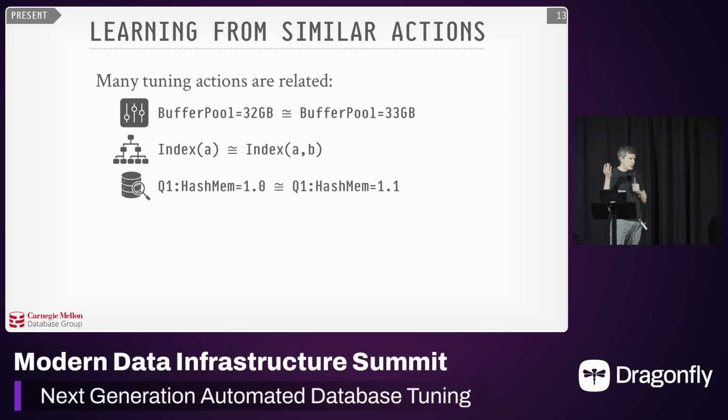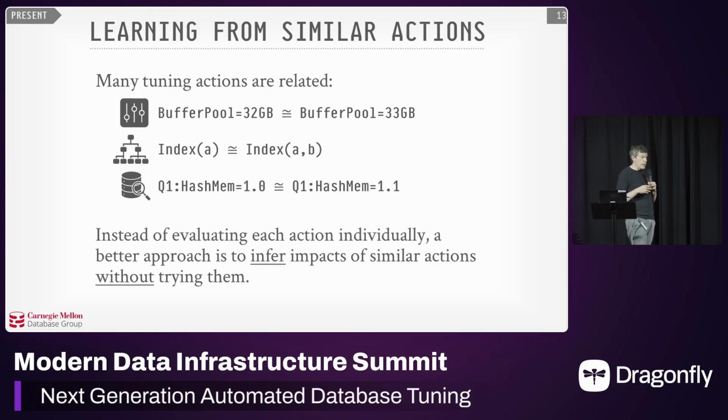Similar to the knobs for the system, the knobs you could set for queries roughly behave the same way. Like setting the amount of hash memory I'm going to use for a join from 1.1 megabytes to 1.1 megabytes is not going to make a difference. So instead, what you really want is to be able to infer that you're going to get some benefit or degradation in performance from these similar actions without having to try them all. And that's going to significantly reduce the complexity of the search space.